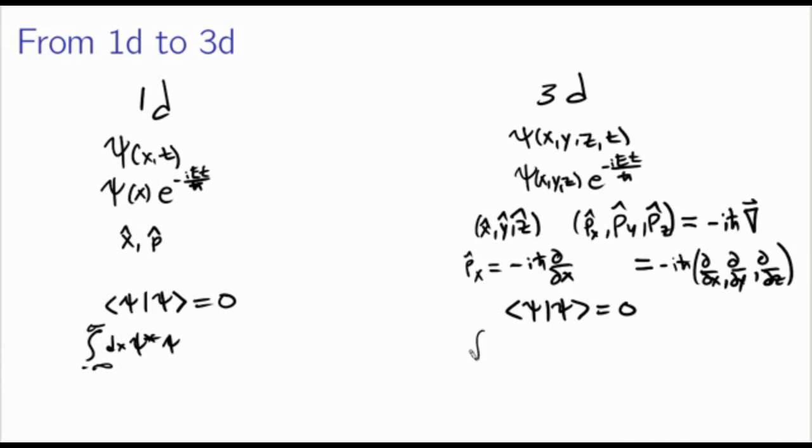In 3 dimensions, we have to be a little more in depth. We have to integrate from minus infinity to infinity dx, and from minus infinity to infinity dy, and from minus infinity to infinity dz. But the same sort of expression is going to be the integrand. We're just going to be working with psi star times psi.